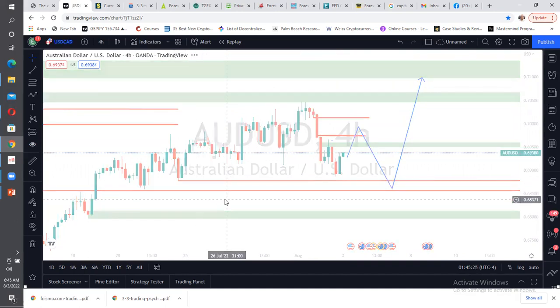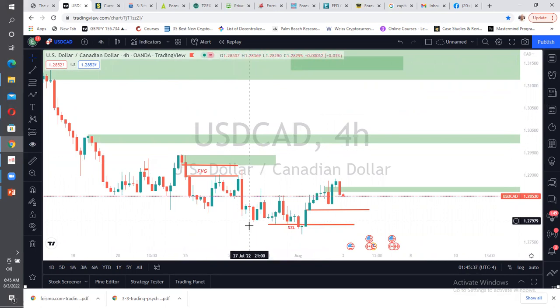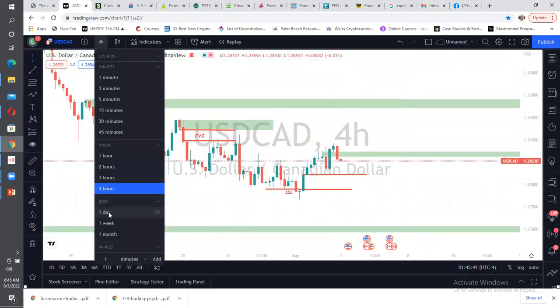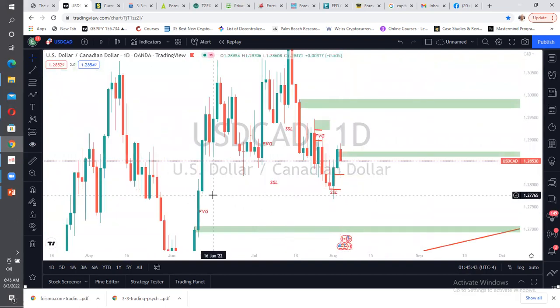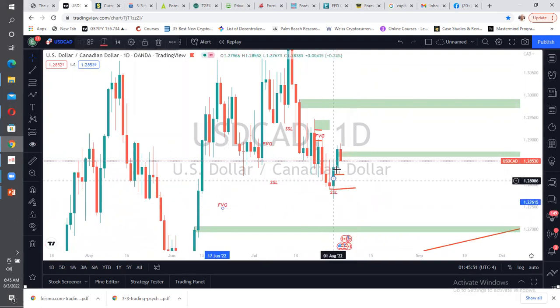And the next one, this is USDCAD. USDCAD performed well. It traded into a daily order block, a daily FVG. Look at the daily FVG. Now, when it trades into the daily FVG here, then we're going to pull up.